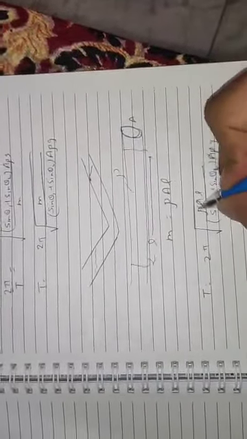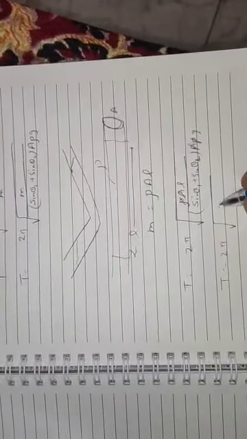A and rho cancel out, and this becomes 2 pi under root L upon (sin theta 1 plus sin theta 2) g. This is the formula.